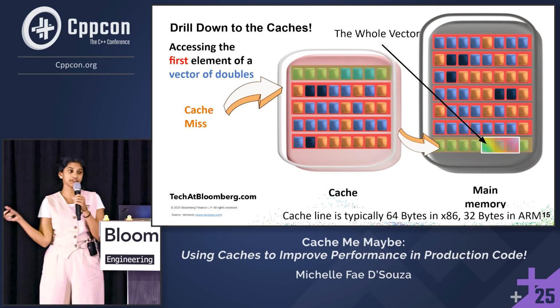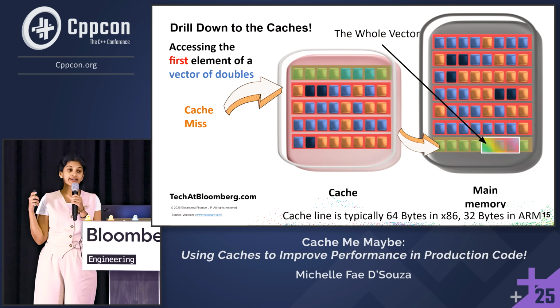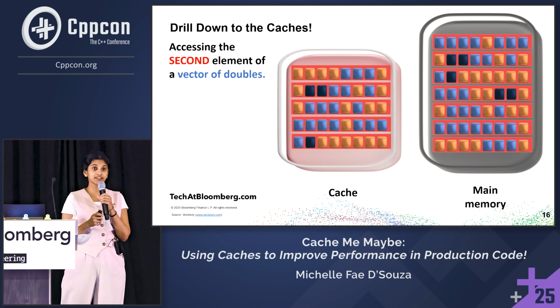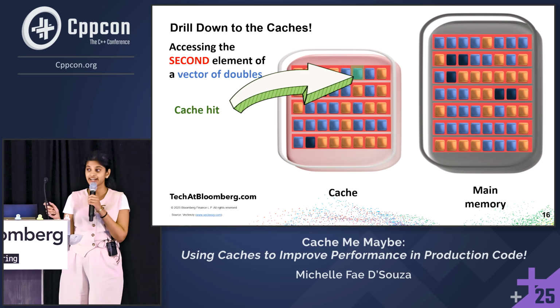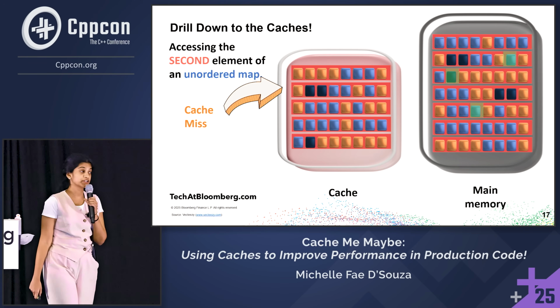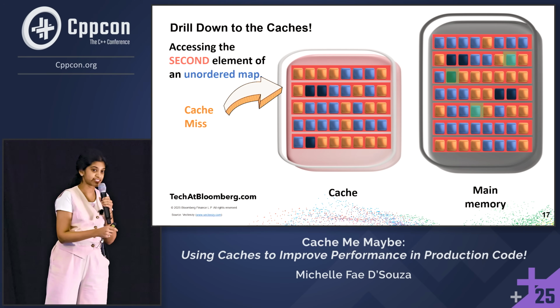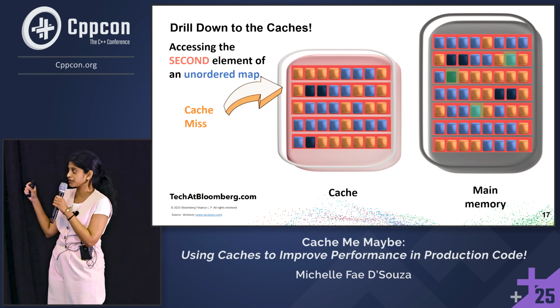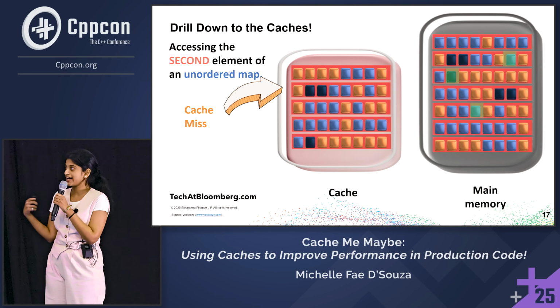We move this into our cache, and now if we try to access the second element of our vector, we have a cache hit. But if this was an unordered map, memory is not contiguous, and so the second element is most likely going to be on a different cache line, and we have a cache miss.